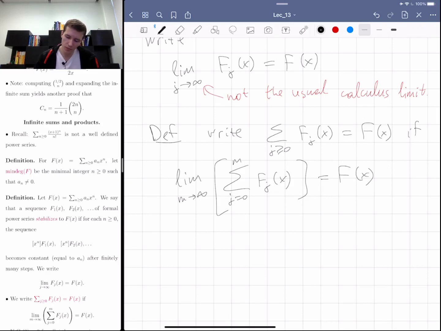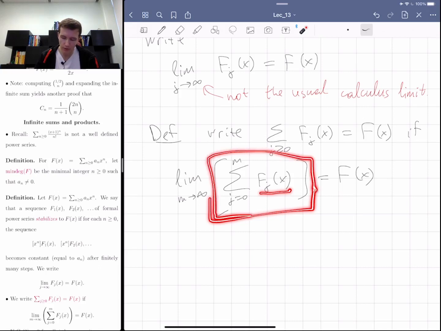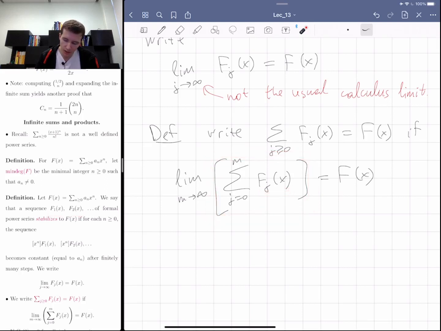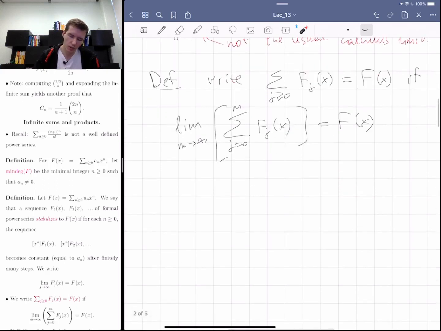This thing here is a finite sum of formal power series, so each individual term here is a formal power series, just as in this definition here. So I want the sequence of these formal power series to stabilize to this formal power series. So that's the definition of an infinite sum.